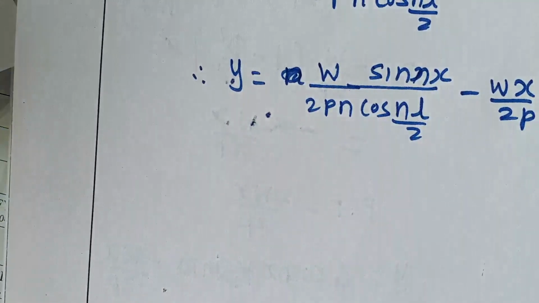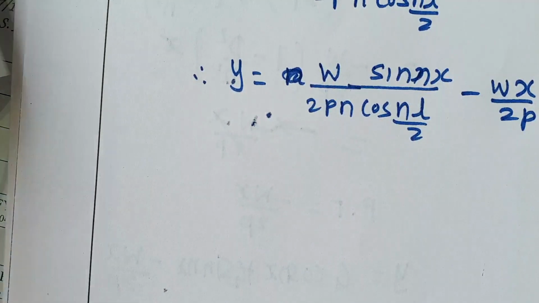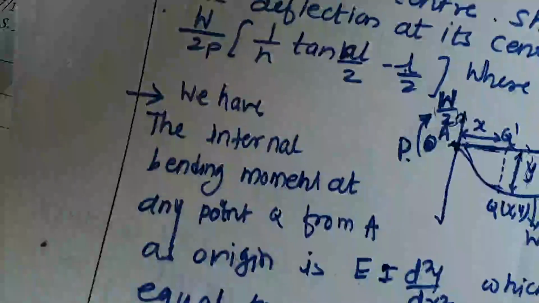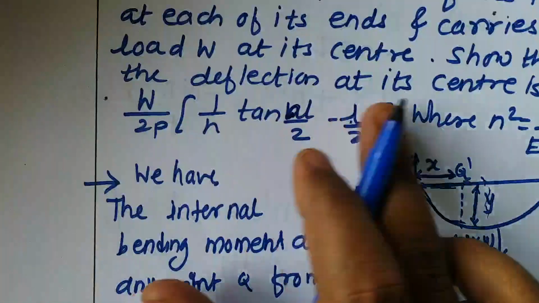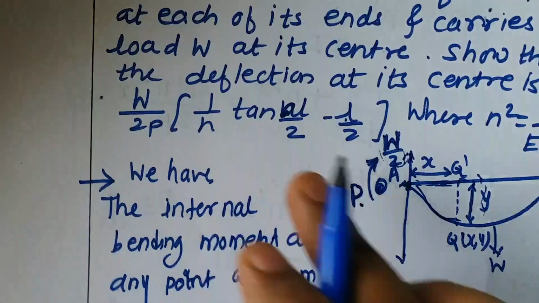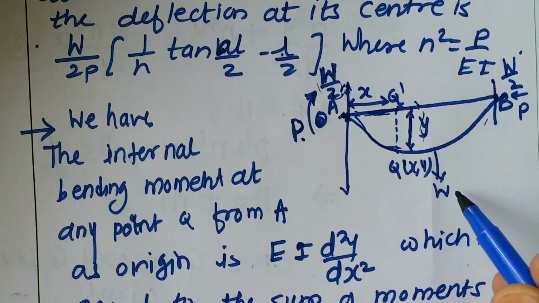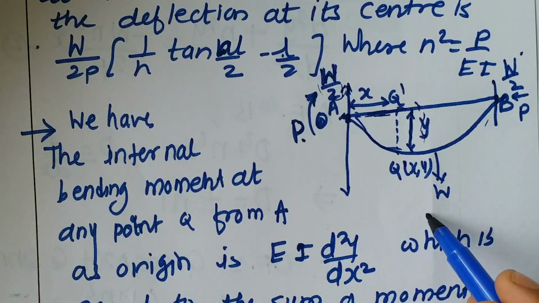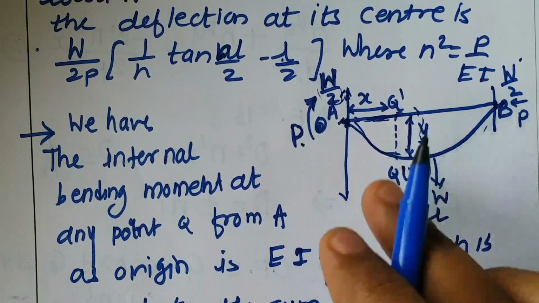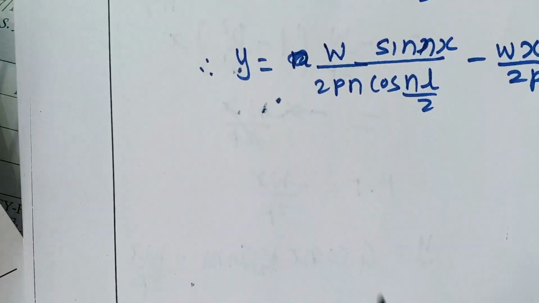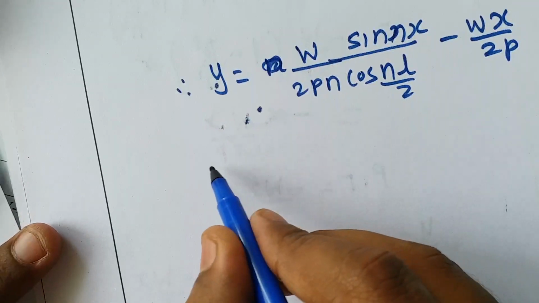Okay, now if you see the question, we need to show the deflection at its center. The total length of the strut is L, and at the center the length is L by 2. So at the center we are going to put x equal to L by 2.